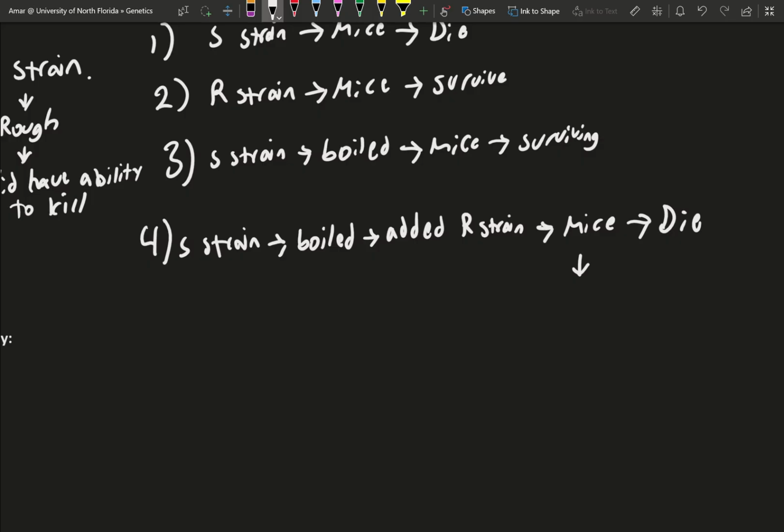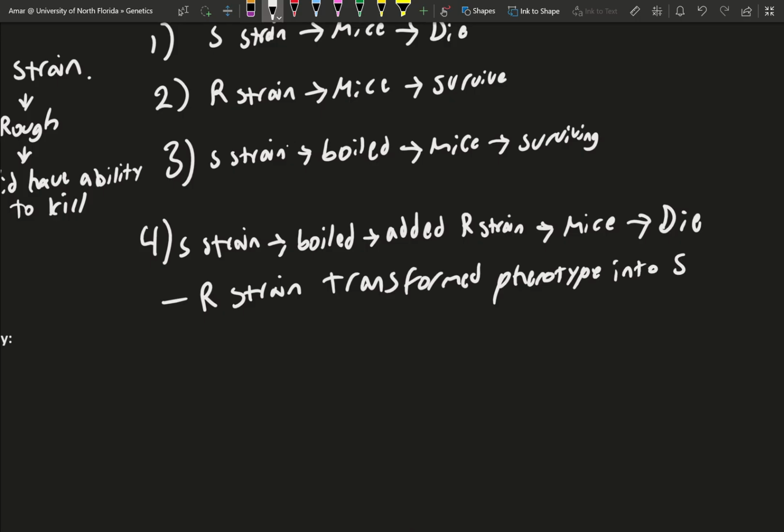So basically, the R strain transformed phenotypes into the S strain. So this is basically what he found out.